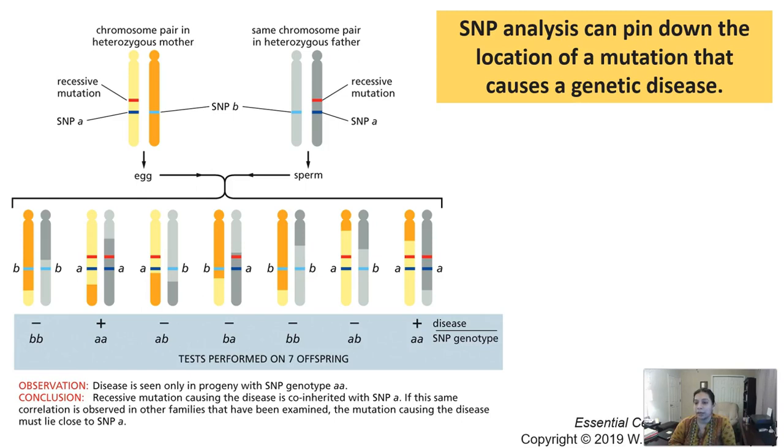Another genetic analysis that can be performed is called SNP analysis. SNP analysis is looking at single nucleotide polymorphisms. So all along our genome, there are areas that are highly variable that contain these single nucleotide changes at specific points.